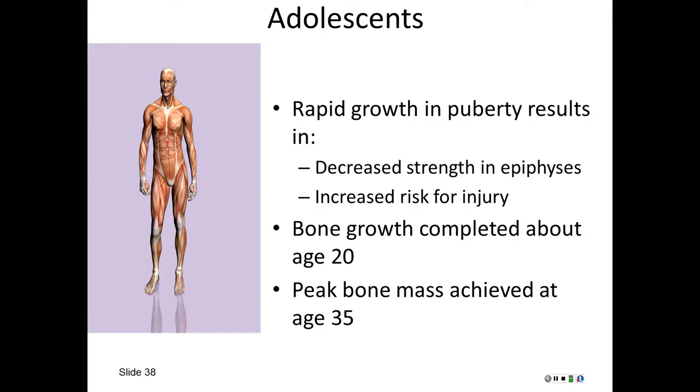So prior to that, you need to keep having calcium and vitamin D to keep your bone mass up, and also weight-bearing exercises. But it can be age 20, that's well past when girls start having their periods, and well past puberty in boys that the bone growth can occur.